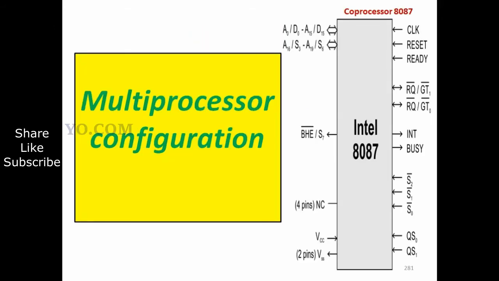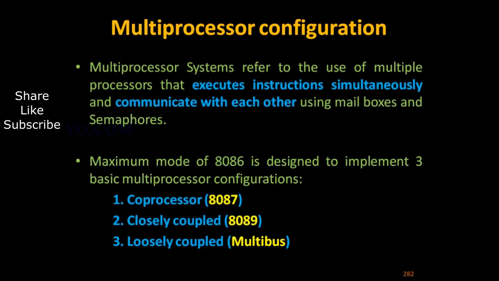In the multiprocessor configuration, one of the important processors is the coprocessor, the Intel 8087. The coprocessor is used with the 8086 to increase the performance of the microprocessor.